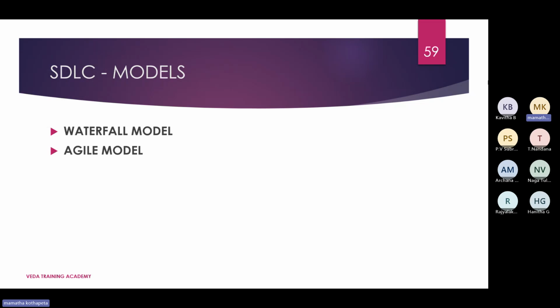It means, let's say the first stage finishes in 10 days. The second stage cannot be started on the 6th or 7th day. It has to be completed in 10 days. Then only the second stage will start. Out of these SDLC models, this waterfall model is the simplest, easiest model that the software industry has adopted.